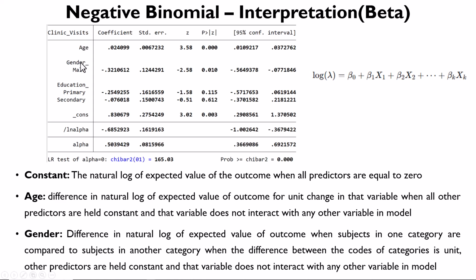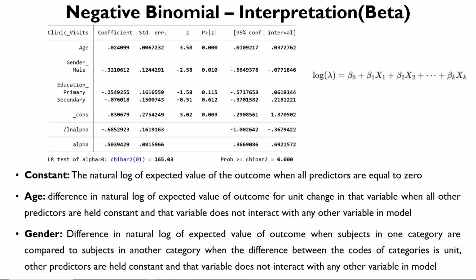For a categorical variable, it means that that group compared to the other has a higher likelihood of visiting the hospital more than the one in the reference category. When you have a negative coefficient like the one we are seeing for males here, it shows reduced likelihood of visiting the doctor. That is also interpreted in comparison to the reference category, which are the females.